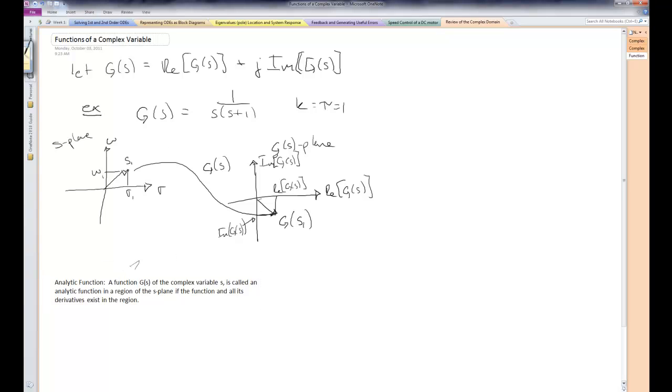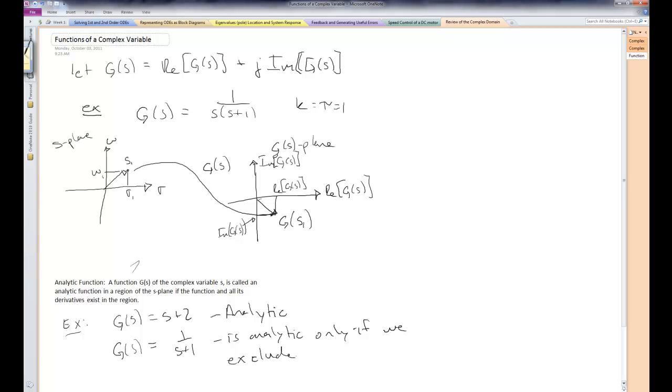As an example, we could see that G of s equal s plus 2 is analytic. A function that was G of s equal to 1 over s plus 1 is analytic only if we exclude the point s equals minus 1.